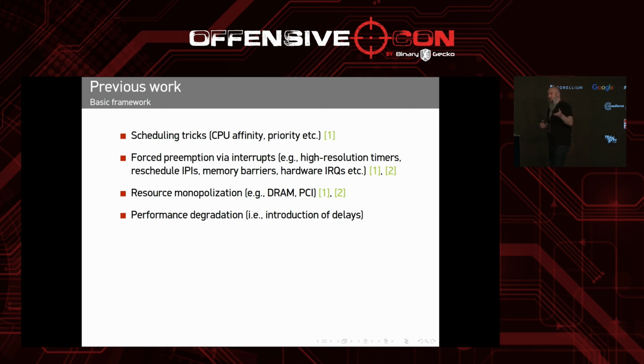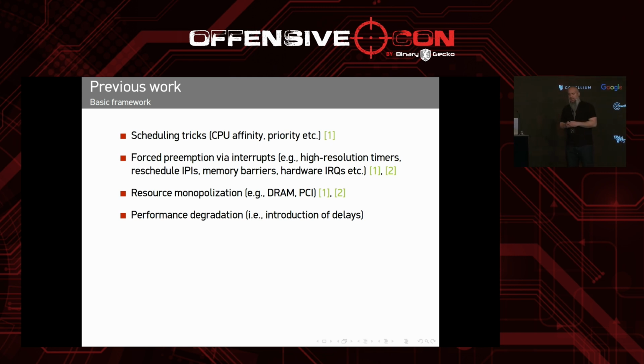There's another technique referred to as resource monopolization. Basically, a thread that has access to a global resource, like a PCI bus for example, monopolizes that bus, thus prohibiting other threads from being scheduled in. This gives attackers time to exploit certain race conditions. But I haven't seen it being used in practice, to be honest.